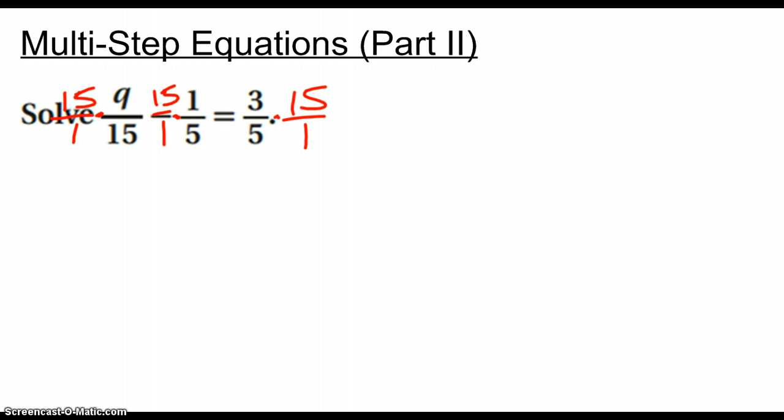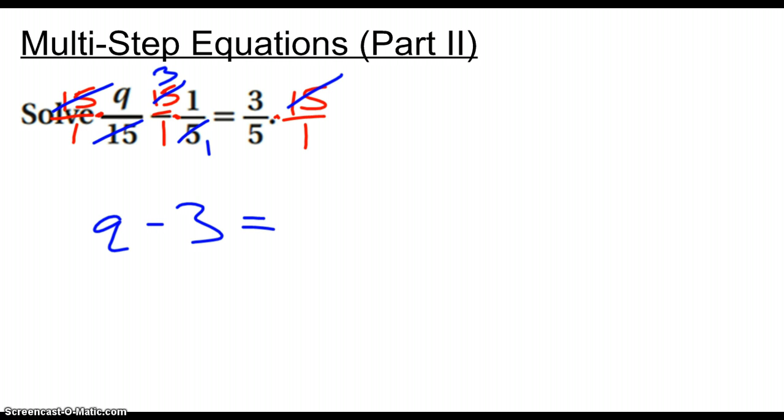Alright, so if we go each term here, so now I look at, okay, 15 and 15 cancel because we're multiplying, so that's 15 over 15, so we're just left with 1q, or q over 1, right? And then 15 and 5, since we're multiplying, I can divide both of these by 5. So 3 times 1 over 1 times 1.